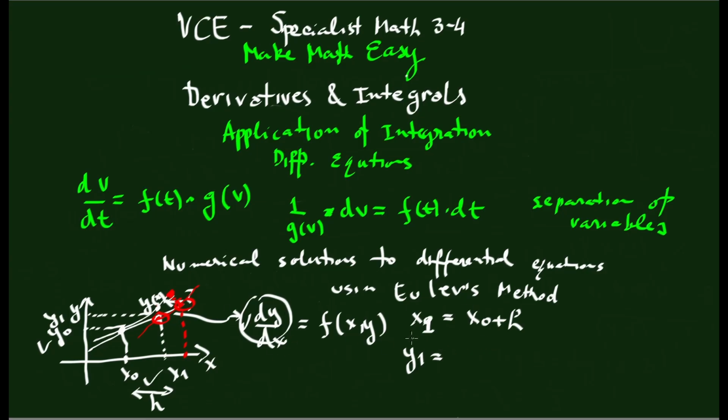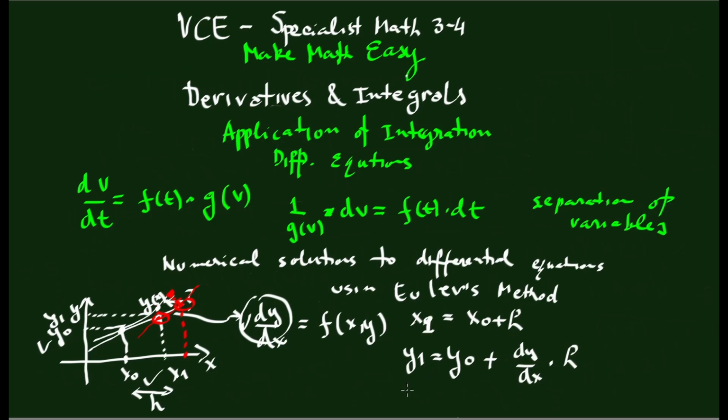That's the coefficient of the tangent line, right? So if you say that you do know this one, then you can plus dy by dx times h. So dy by dx times h. So that's how you get point number 1.